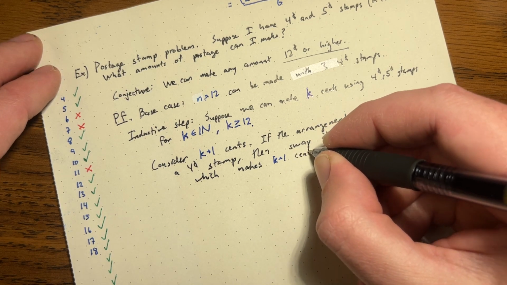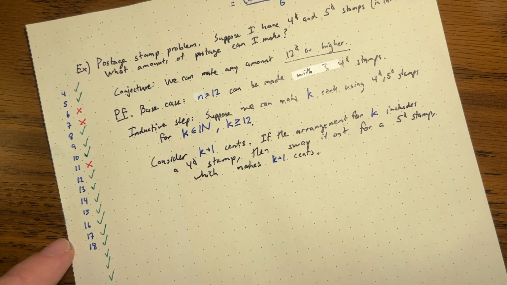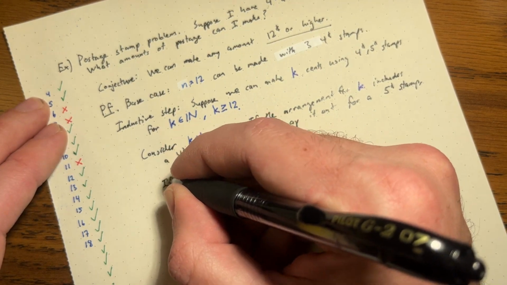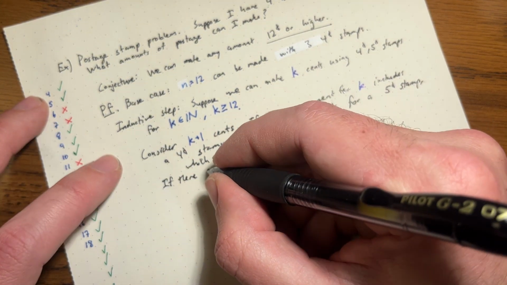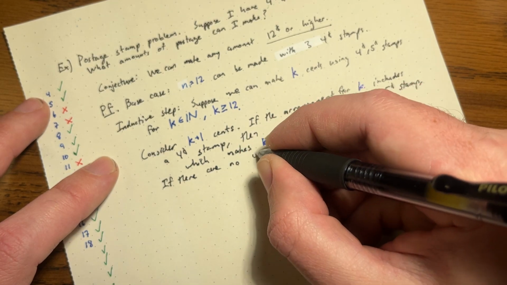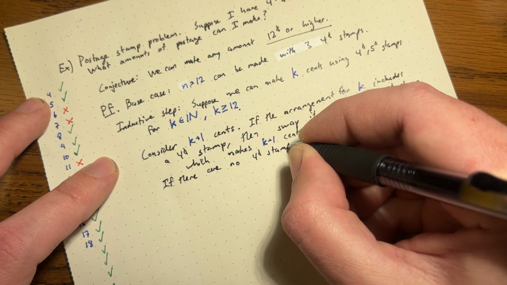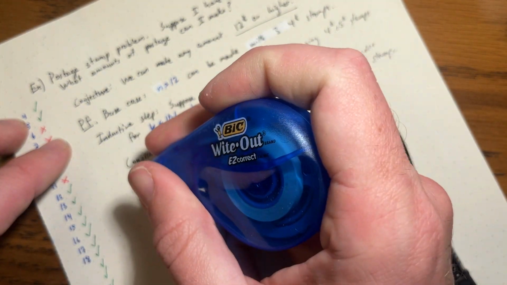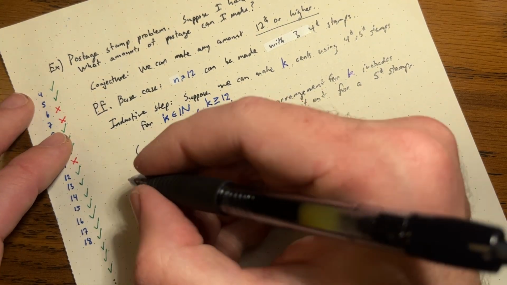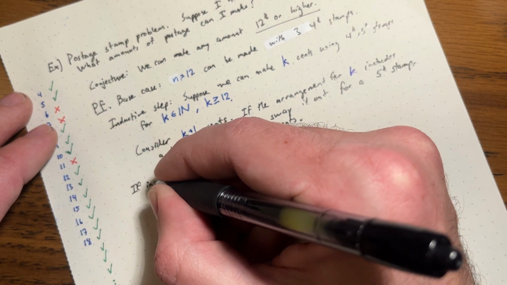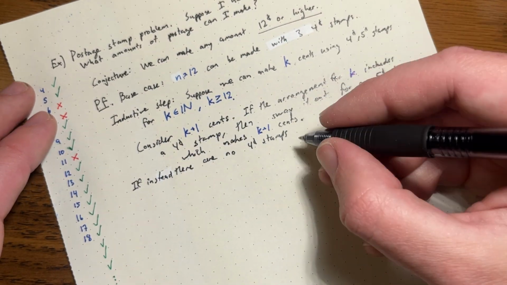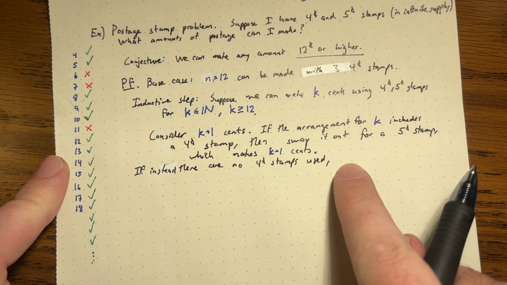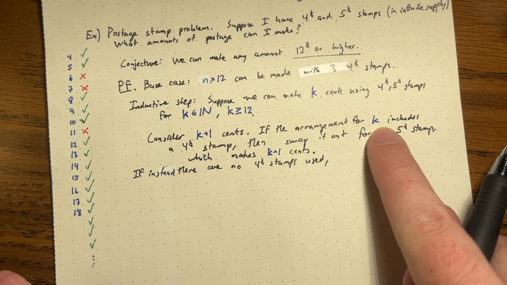Okay. What's the problem? Well, I already mentioned it. The arrangement might not include a 4-cent stamp. So if instead there are no 4-cent stamps used, then the arrangement for k is only using 5-cent stamps.